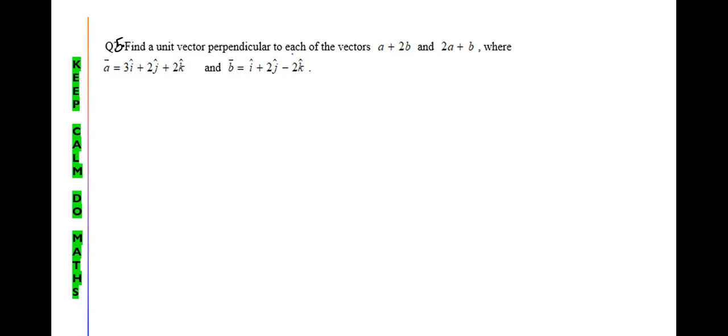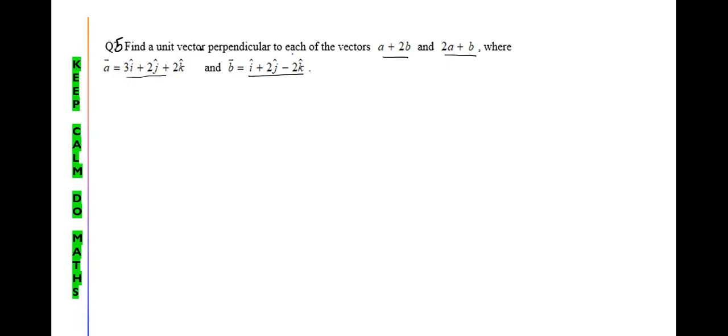Find unit vector perpendicular to each of the vectors A plus 2B and 2A plus B, where A is given by this, B is given by this.